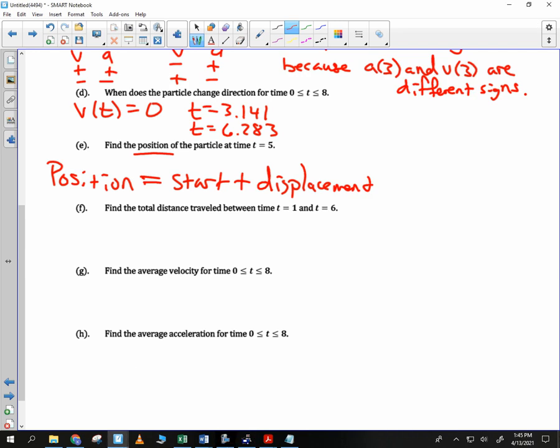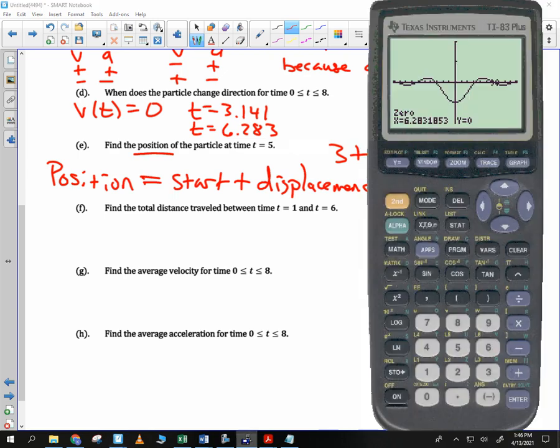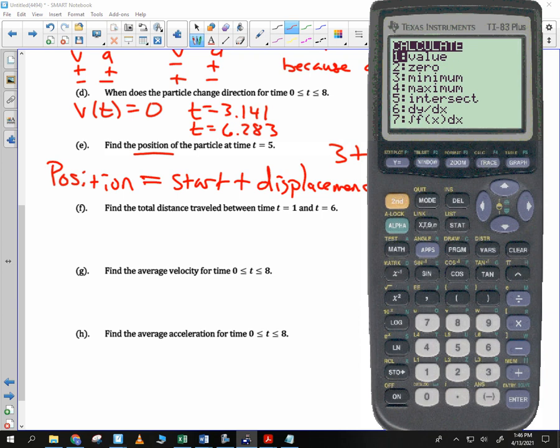Start plus displacement. What's the start? It starts at 3 plus displacement. You do the integral, 0 to 5 of v of t dt. The way I calculate integral 0 to 5 v of t dt is I go to my calculator. I go second calculate. I choose number 7. Go 0, enter 5, enter.